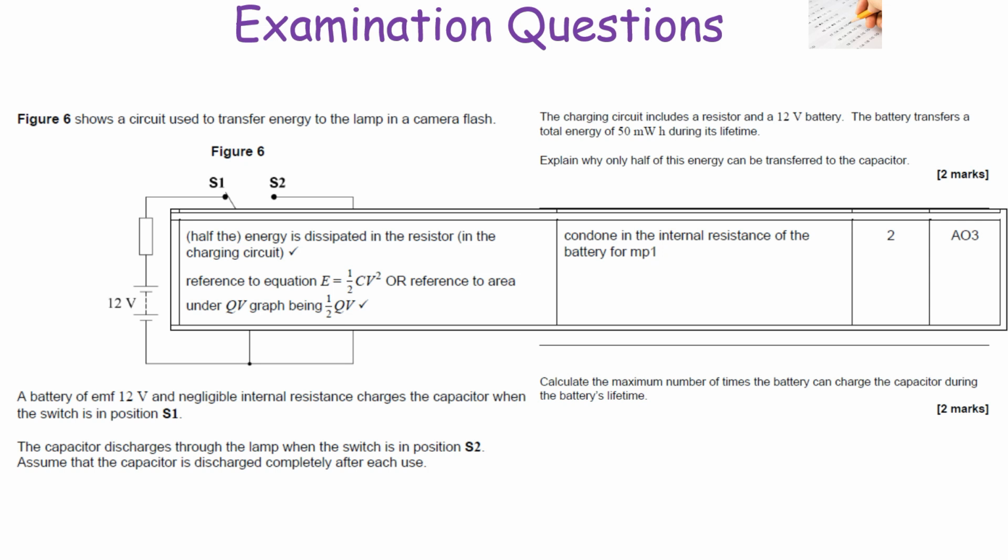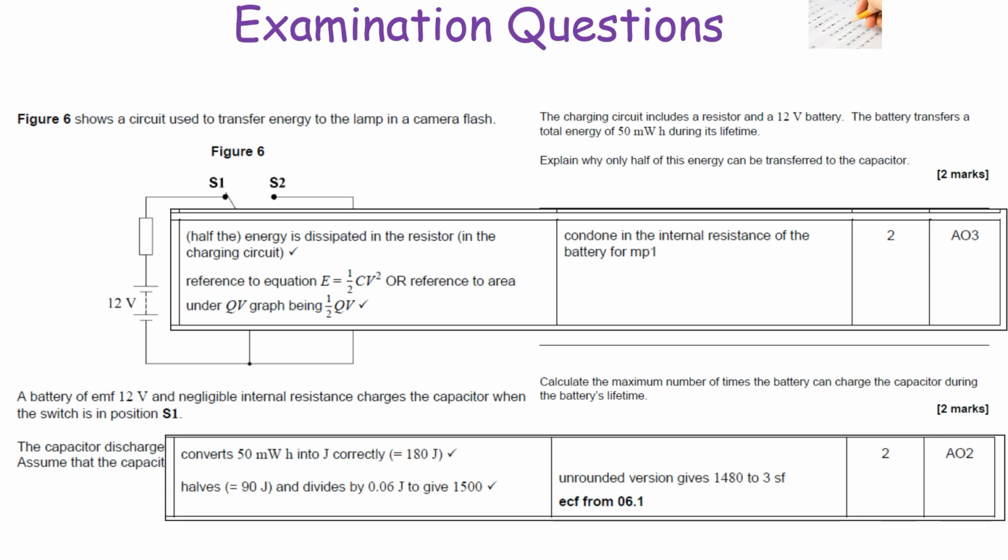Now the next one is calculate the number of times the battery can charge the capacitor during the battery's lifetime. So the first thing you've got to do is you've been given an energy but you've not been given it in joules. So you're going to have to convert 50 milliwatt hours into joules. If you do that correctly, you get about 180 joules. If you think about the units, energy is power times time.